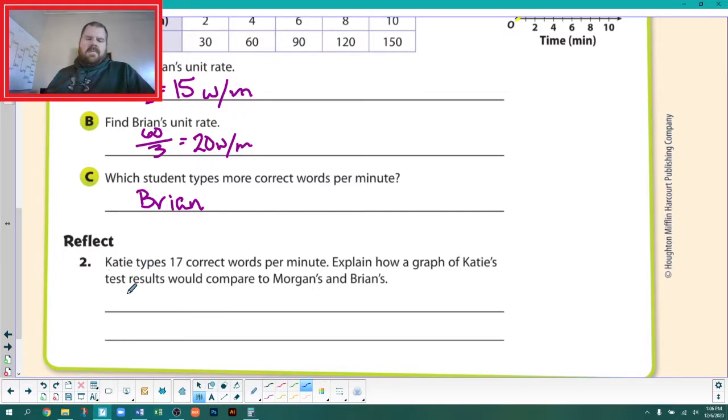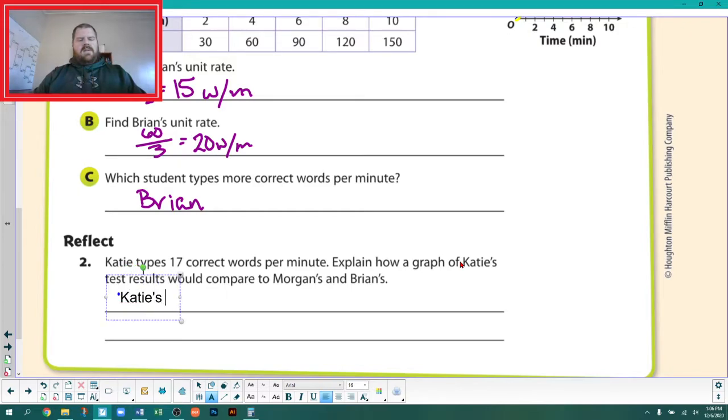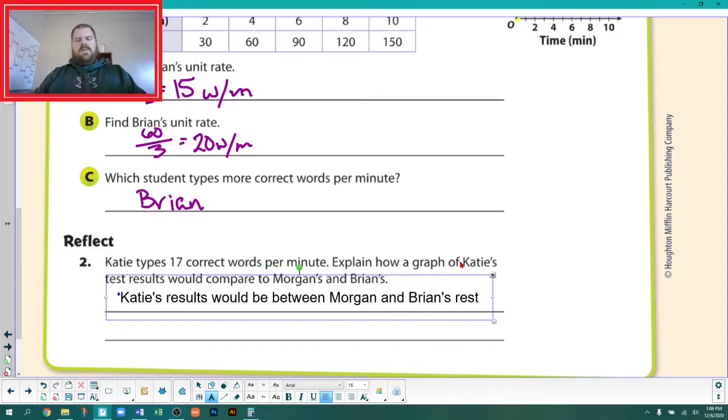I'm going to type it so I don't have to deal with a lagging pen while I'm trying to write things that are legible. Katie's results would be between Morgan and Brian's results.